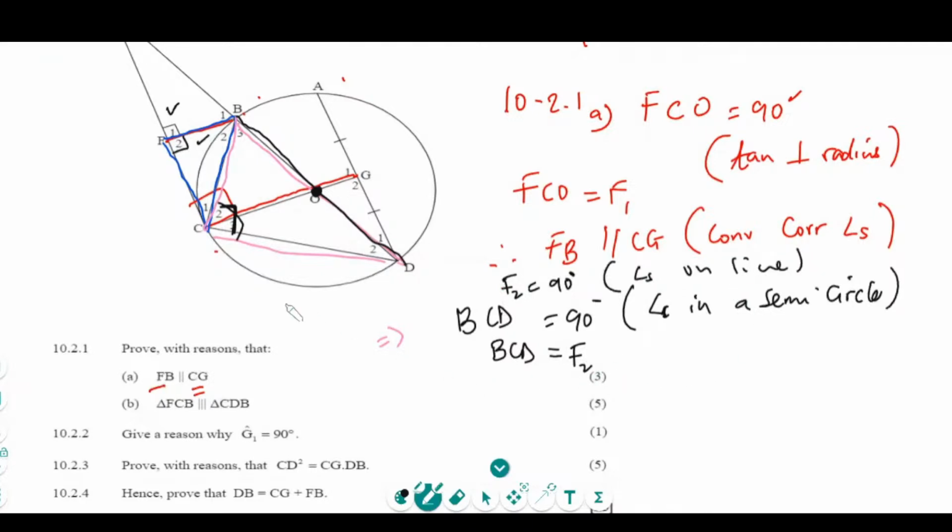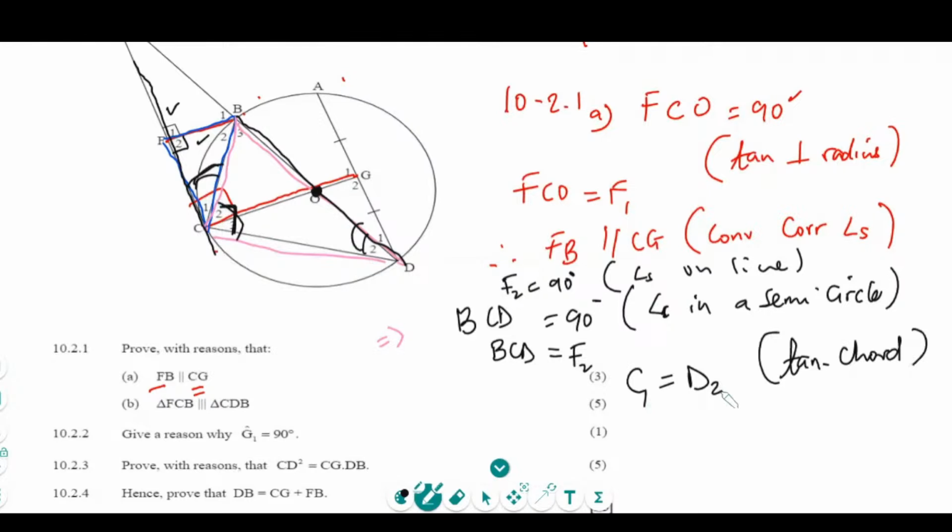Okay, then one angle is gone. Then we also need one other angle. So since this was a tangent, we can apply the tan chord. We know that this angle C1 is going to be the same as D2. So C1 is the same as D2. The reason is the famous tan chord, the usual one.